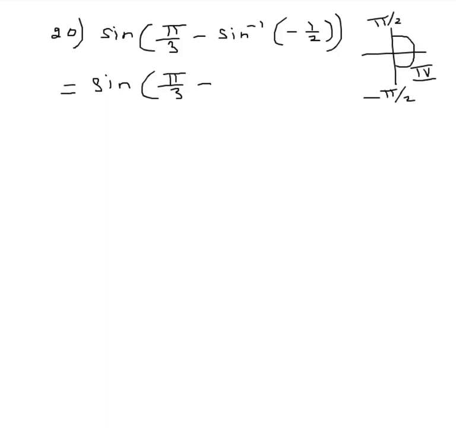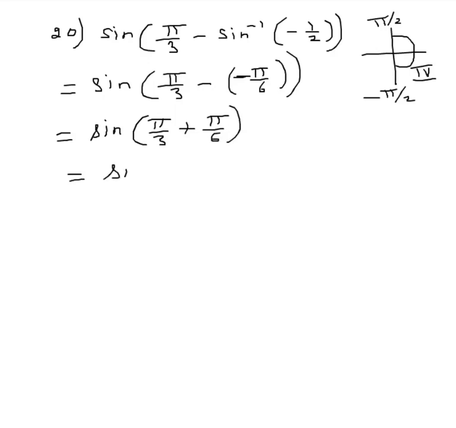For plus half, the base angle is pi by 6, so it is minus pi by 6 in the fourth quadrant, which gives sine of pi by 3 plus pi by 6, which is pi by 2. Sine pi by 2 is 1. Subdivision D is the correct answer.